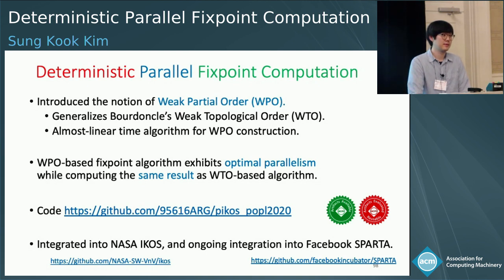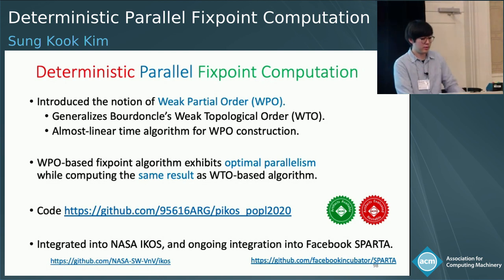Okay, there is a question from Slido. The question is whether the speedup comes from the fact that in practical control flow graphs, there are no non-reducible loops, or very few of them, in which case essentially you have a sequential computation anyway.